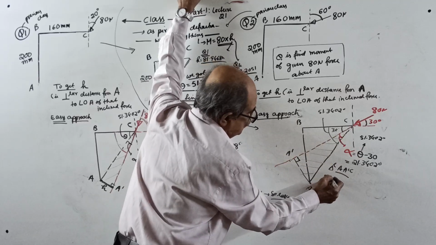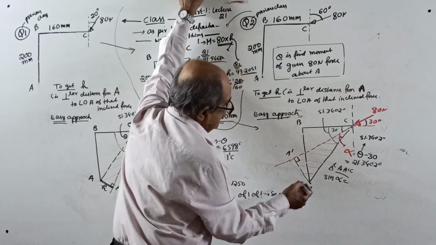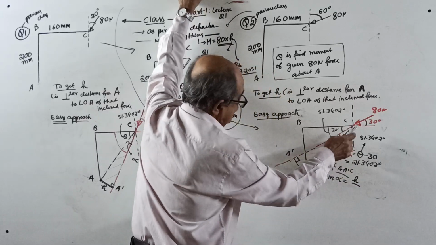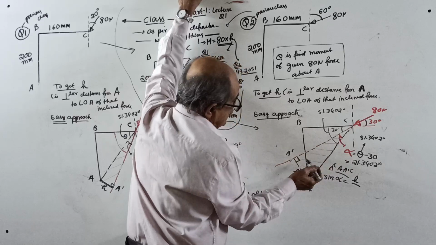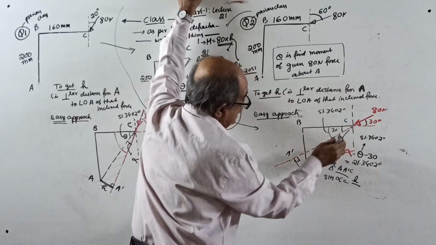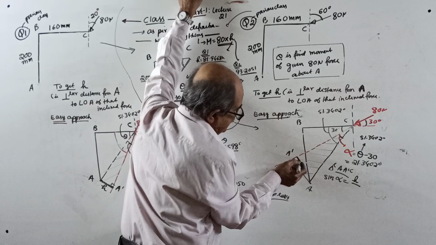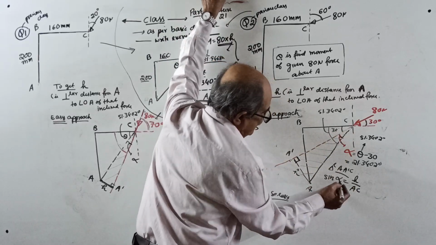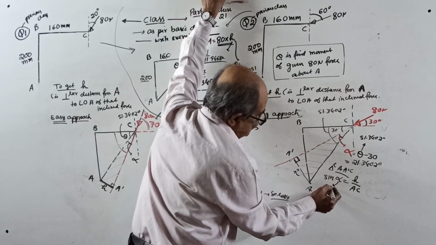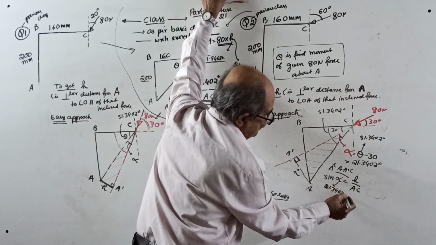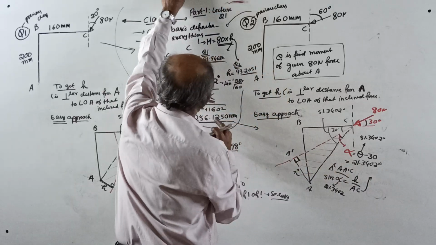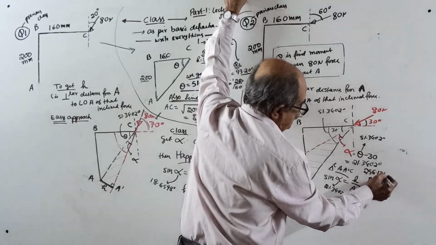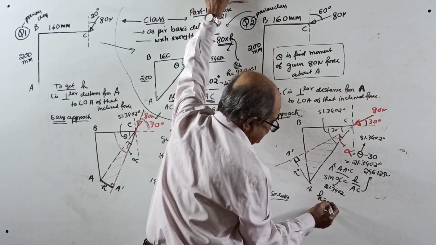Sine alpha equals perpendicular divided by hypotenuse. Sine alpha equals H divided by AC, since for this triangle this is 90 degrees, so the hypotenuse is AC. Alpha is known, 21.3402. AC is already calculated as 256.1250.